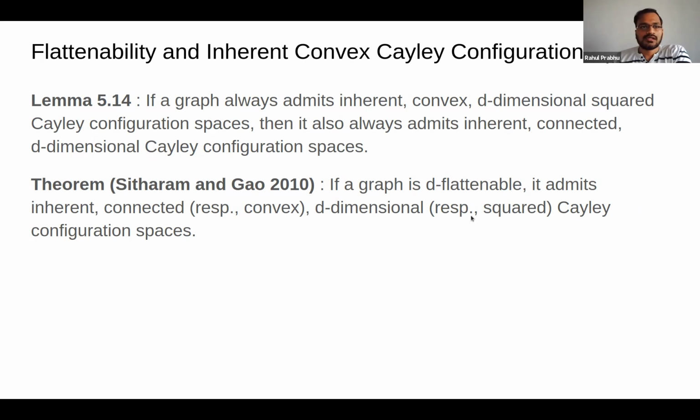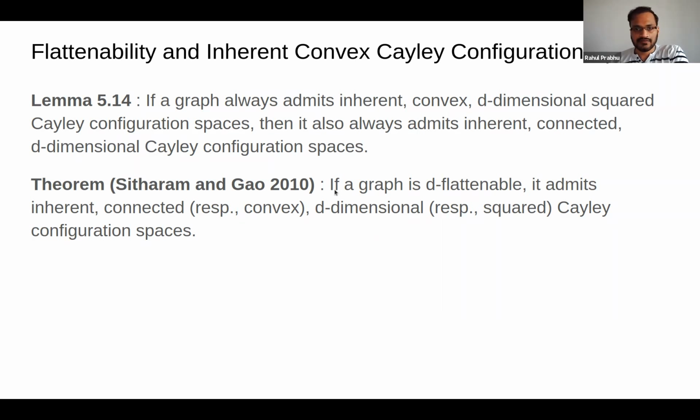So this is an interesting result that connects flattenability with this idea of convex Cayley configuration spaces. The theorem here states that if a graph is deflattenable, it admits inherent connected d-dimensional Cayley configuration space.